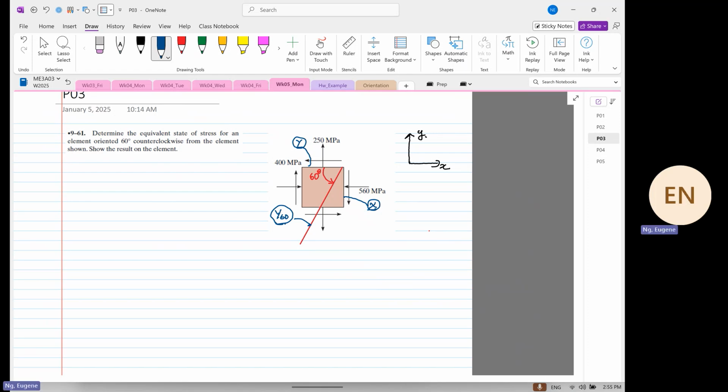If we are going to rotate from X, then you have to rotate how many degrees? 30 degrees. When that's the case, if you are going to rotate from X, you are going to call this X30. Be clear? You rotate from Y, call it Y60. You can rotate from X, you call it X30.